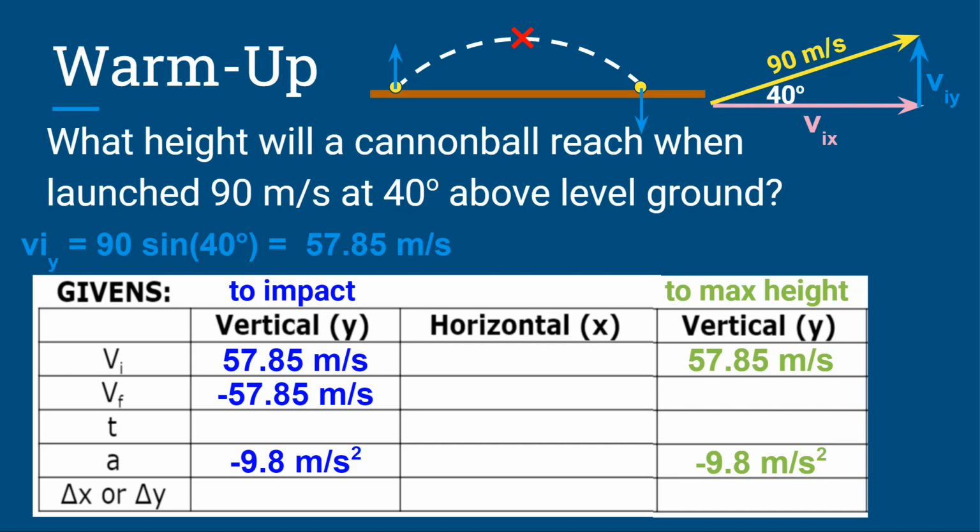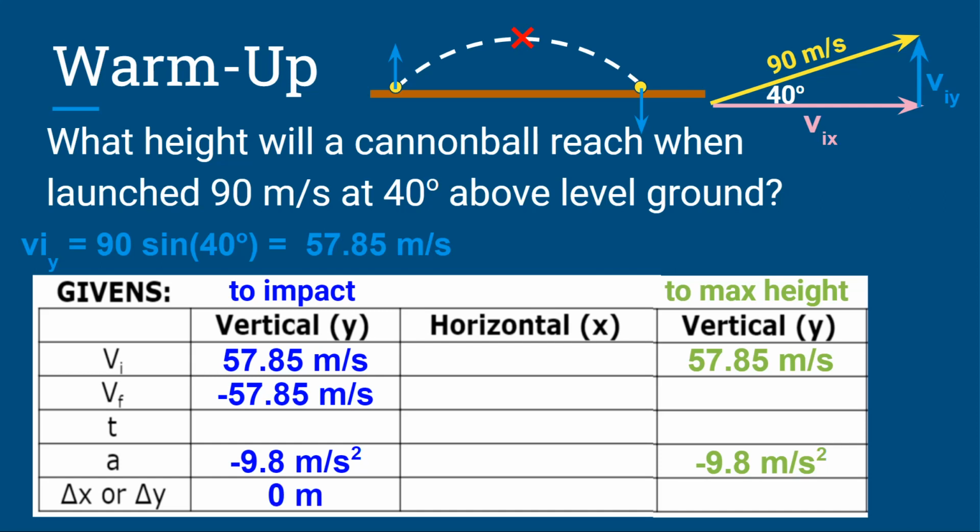Okay, I also know whenever I look at the final velocity, if I'm looking at the entire trajectory to impact, if it's launched upward at 57.85 meters per second initially, then it's going to have a final velocity of negative 57.85 when it comes back down to the ground. Level ground, same height, we should have equal and opposite speeds there. Okay, so if it's launched at 57.85, it lands at negative 57.85.